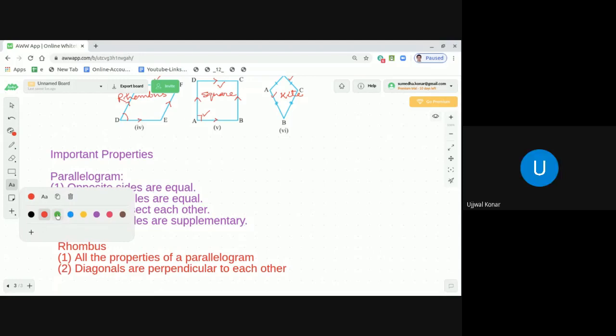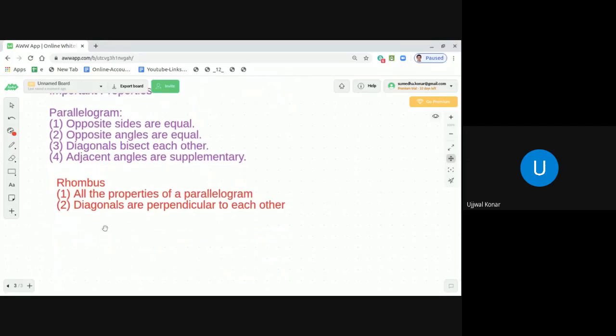As we are done with that, let me move it a little bit up. Now, next, what I'm going to discuss is the rectangle. Let me use a different color so that you can tell the difference later.